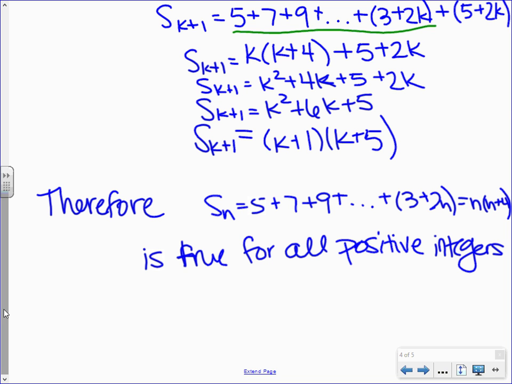So you have to prove that. The first term is just going to be five.